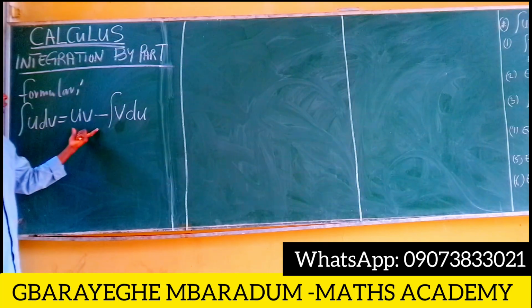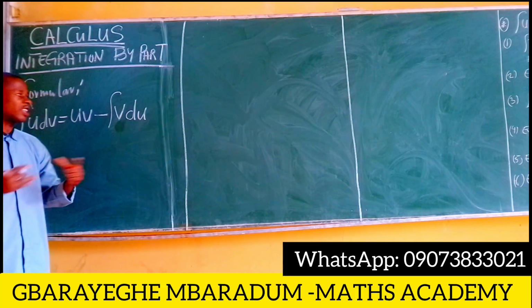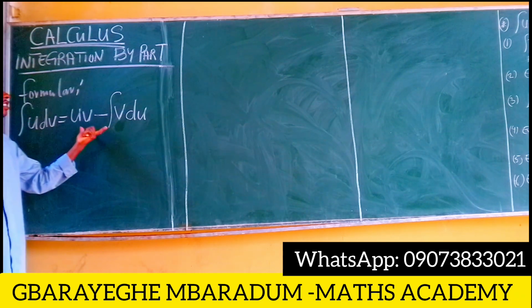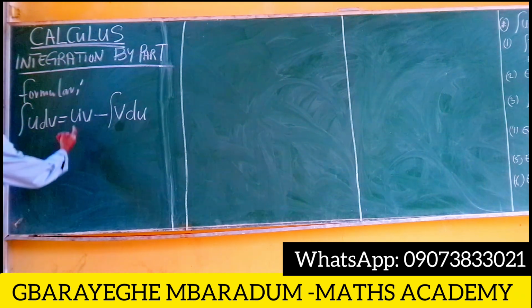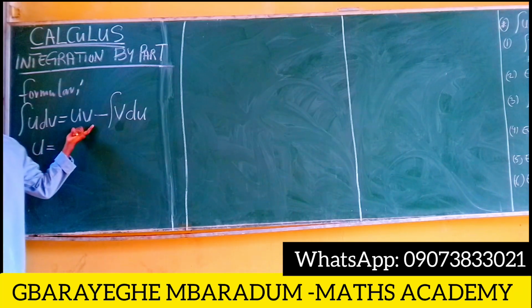And we apply this formula when we are about to integrate two functions that are multiplied together in the form of a product. That's when we use the method of integration by parts. This u is the function that we are going to differentiate.